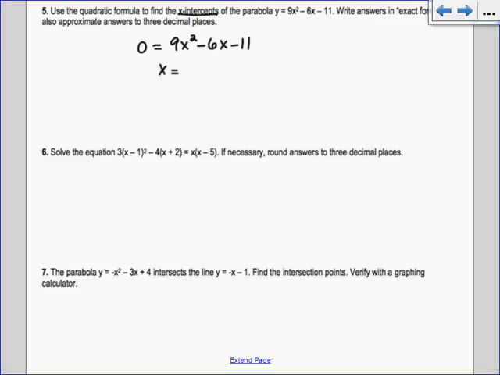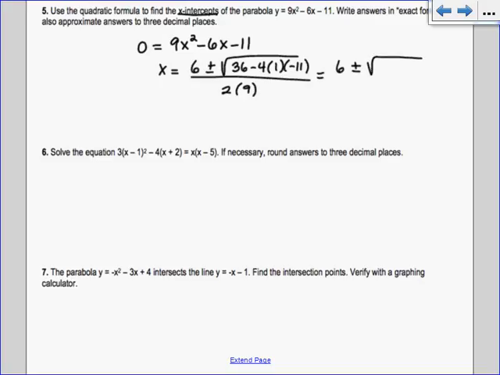So you're doing x equals negative b plus or minus the square root of b squared minus 4ac all over 2a. So we get 6 plus or minus the square root of 36 plus 44, so 80, all over 18.